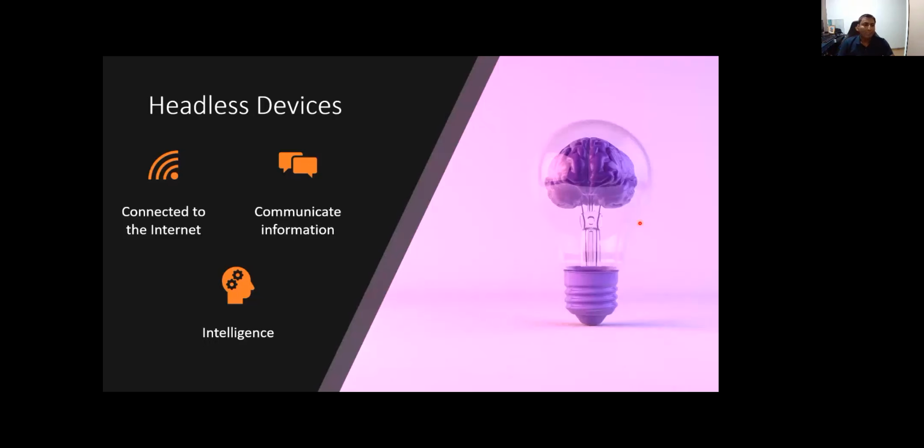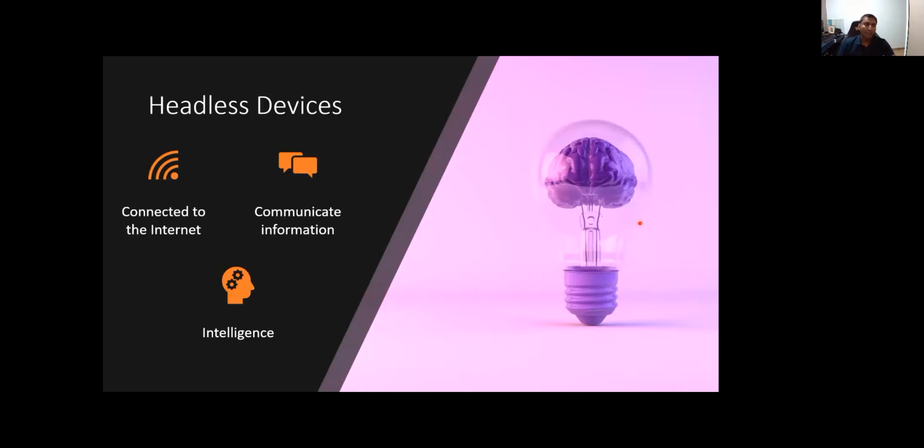These are some basic characteristics that the things in the Internet of Things have. Normally we would call them headless devices, because with the thing, we have a physical object which is connected to the internet, which can communicate information and has some level of intelligence.